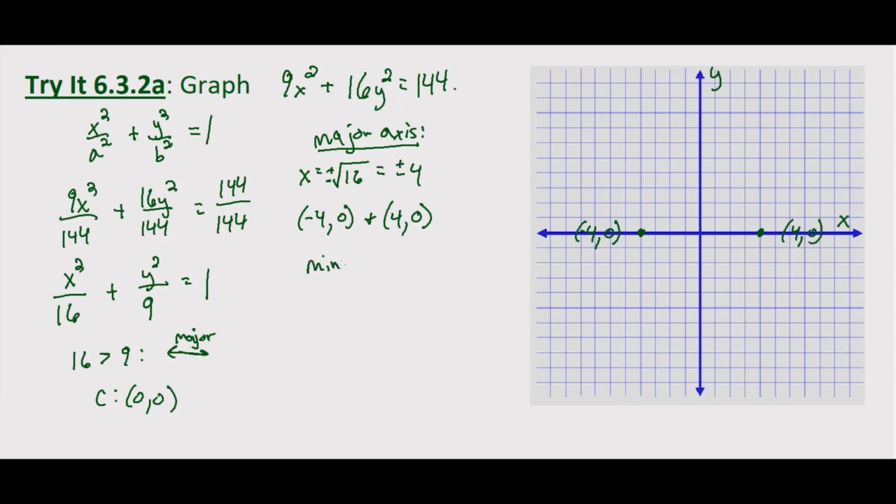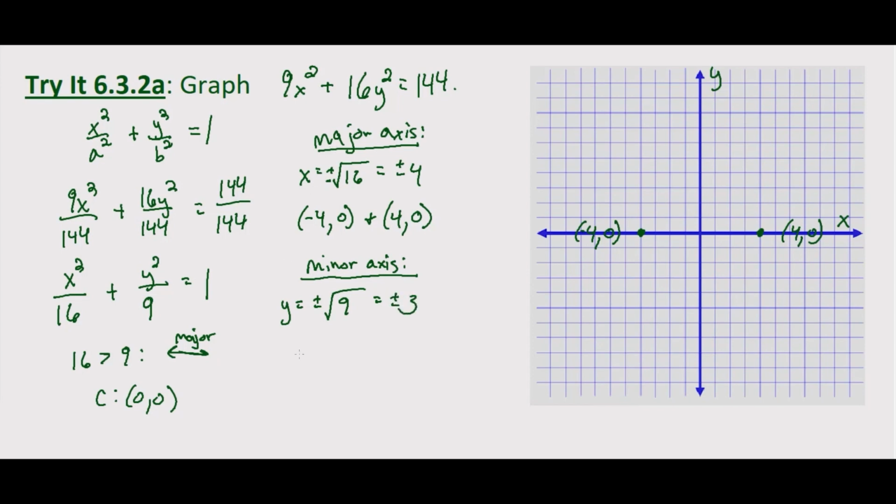Now our minor axis, which is the y-axis in this case, we know that y is going to be equal to plus or minus the square root of whatever is underneath y squared, which in this case is 9. So y equals plus or minus 3.